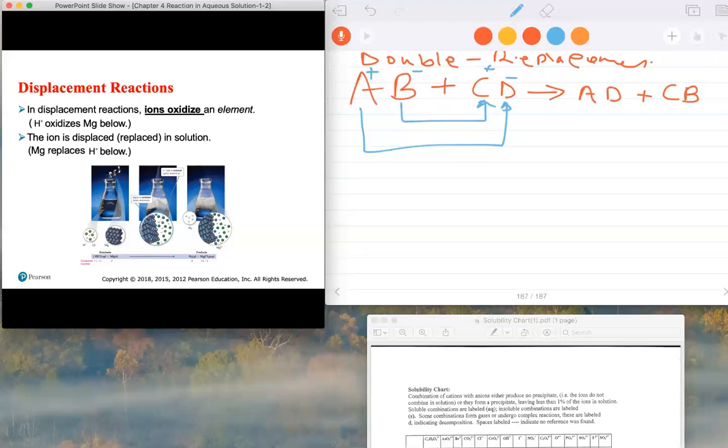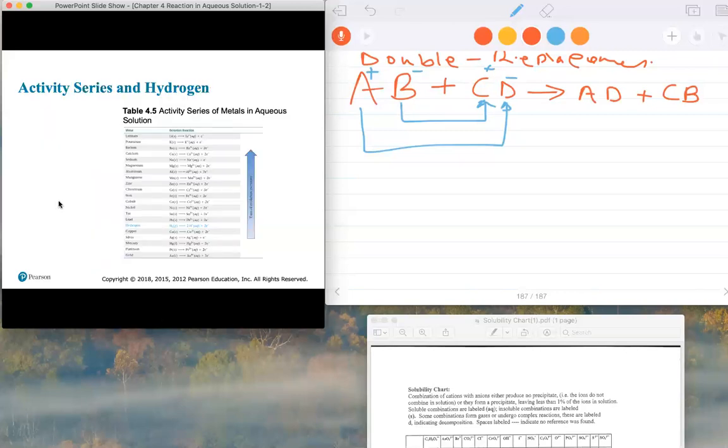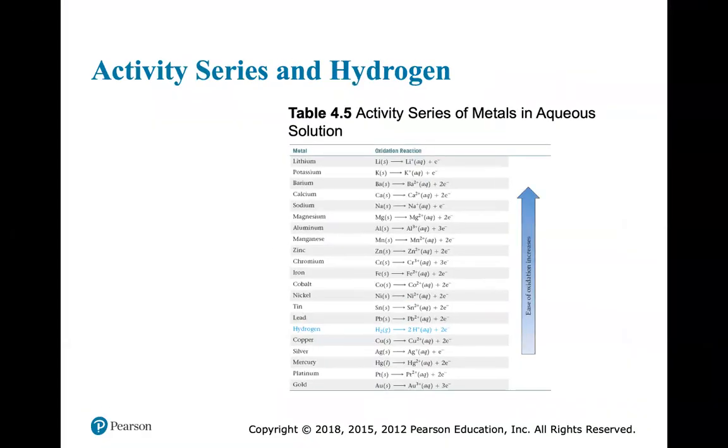It's what we call activity series. I'm gonna come back to this. I don't want you to just memorize this. But to understand single replacement reaction, you need to understand the activity series. I'm just gonna blow this one up for you to really see. Okay.